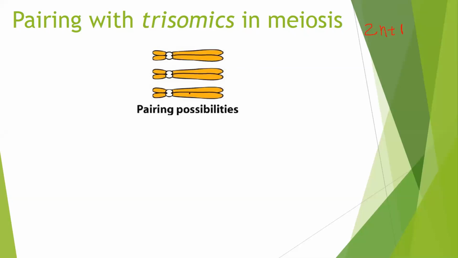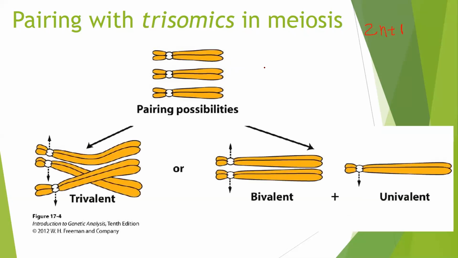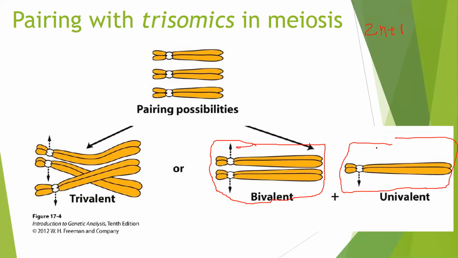During the meiosis, these 3 homologous chromosomes are going to be pairing together like this. There are 2 possible ways for them to pair. Either 2 of them will be paired in a normal way, leaving the other one alone. And then these 2 are going to be separated, and the spindle fibers will pull these 2 homologous chromosomes apart, going to 2 different daughter cells.